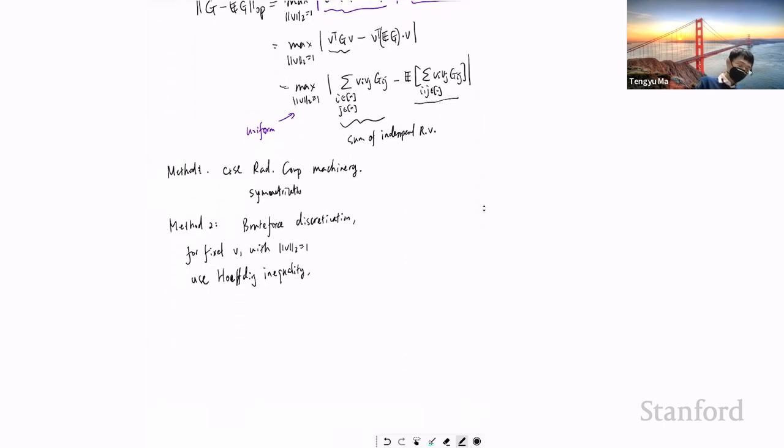So what you get is that with probability at most exponential minus epsilon squared over 2, I'm not expecting you to check it on the fly, but you can basically plug in Hoeffding's inequality without any modification. You get that the sum of v_i v_j G_ij is close to its expectation.